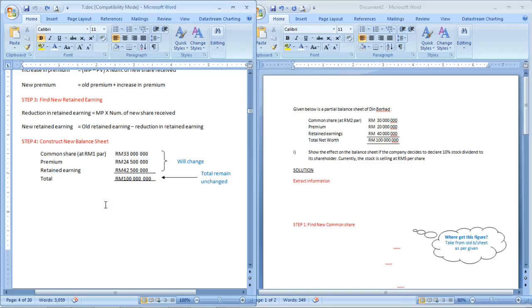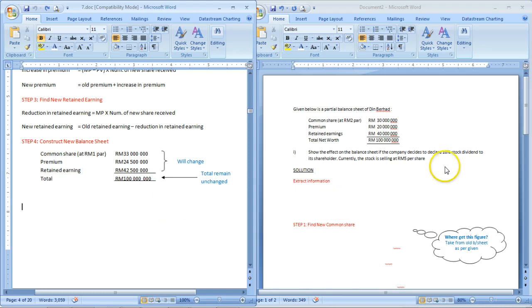This is the new balance sheet. At the end, you realize that your common shares, your premium, and your retained earnings amount will change, but the total equity will be the same.